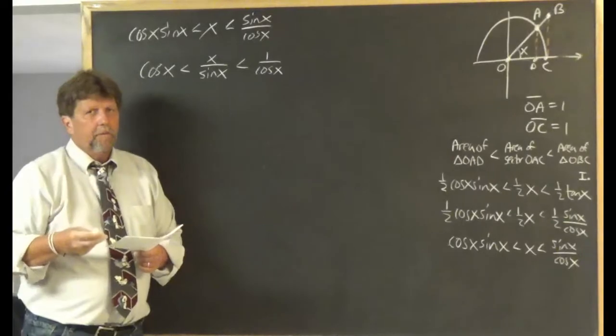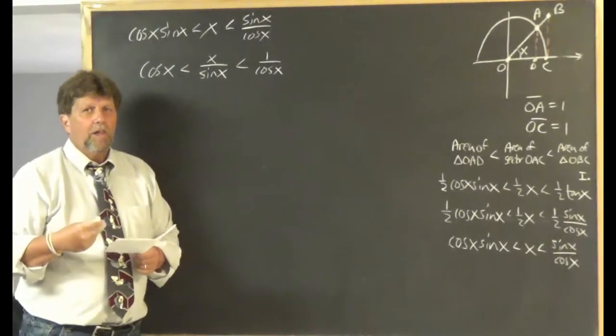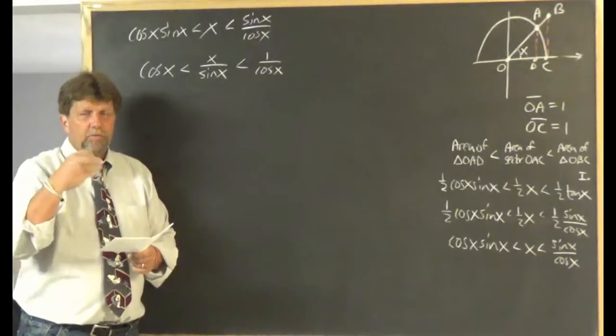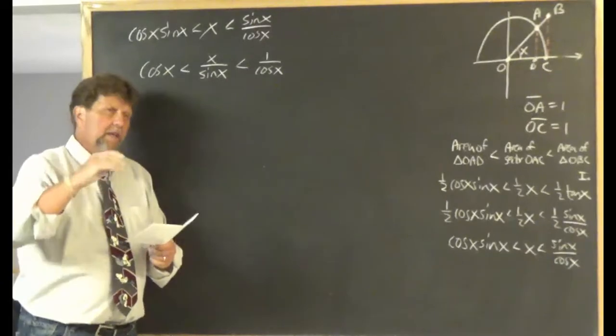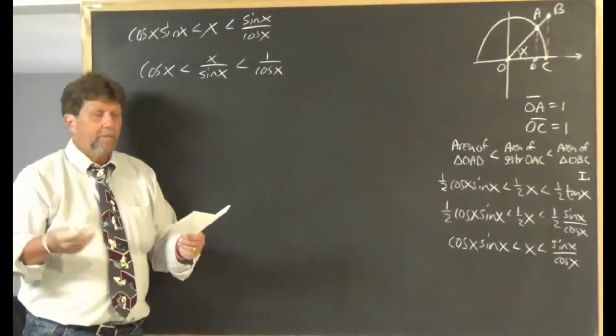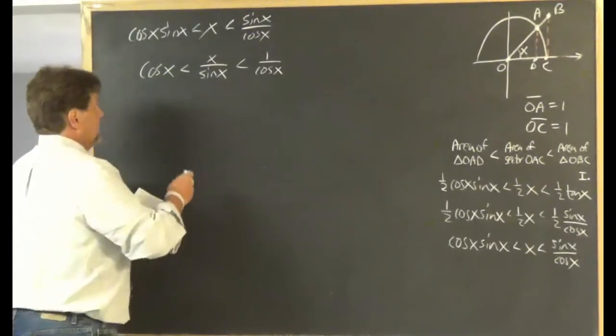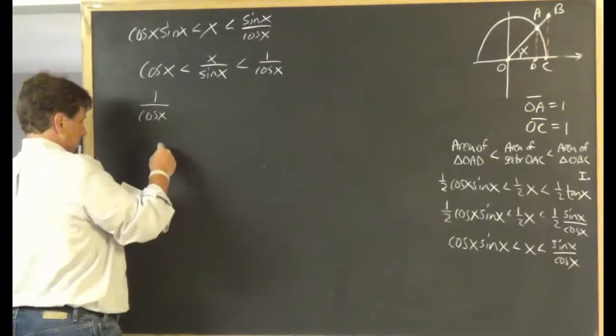I don't know if you remember this from algebra or not, but when you have inequalities like this, you can reciprocate each piece, and if you reciprocate each piece, you have to flip the inequality sign. That's what I'm going to do next. So I reciprocate this, so I get 1 over cosine x.